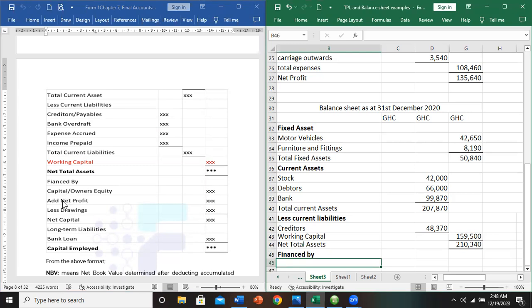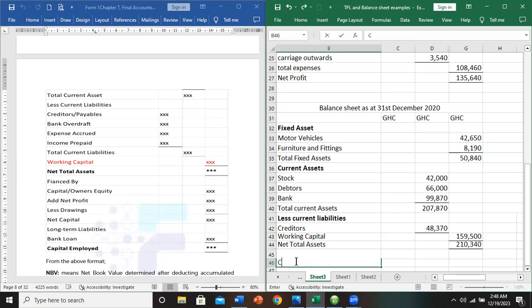Then you go back to your profit and loss account and check whether you had a net profit. You add it. If it is a net loss, you less it. And also check the question for drawings, if the owner made any drawings. So let's do that one. We are going to look for the capital. We already had our net profit, and we also check for any drawings.